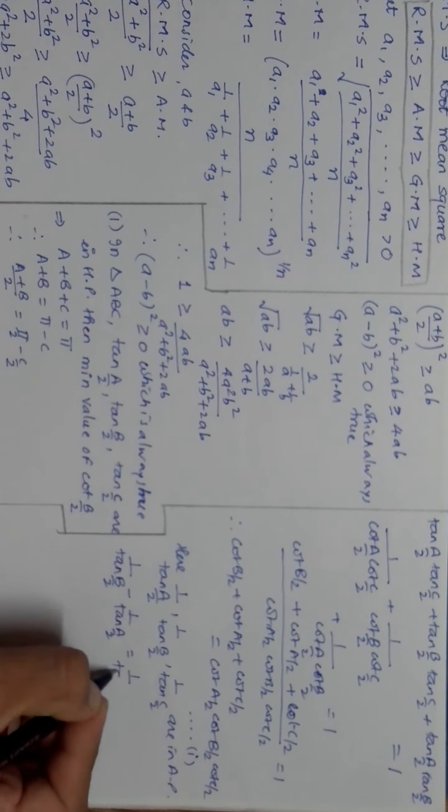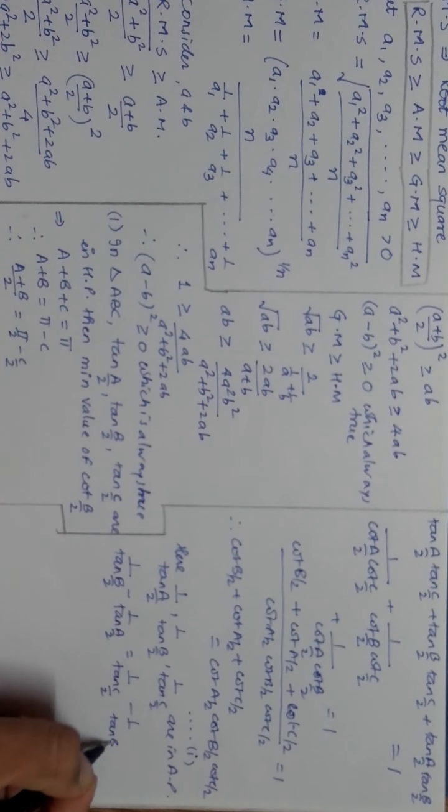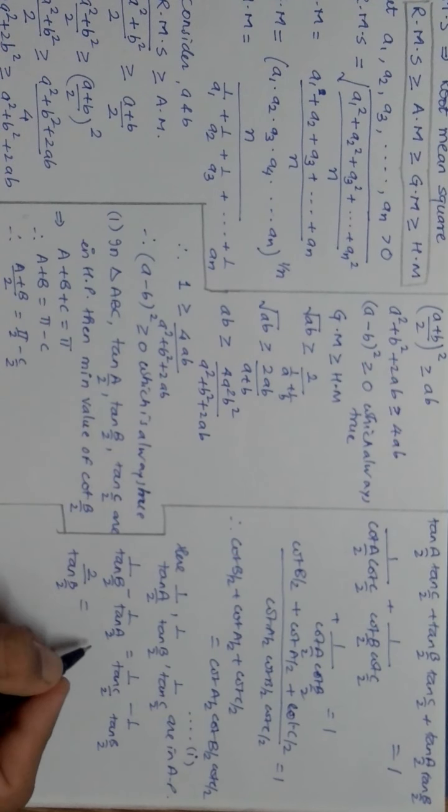is equal to 1 upon tan C by 2 minus 1 upon tan B by 2, which will become 2 upon tan B by 2 is equal to 1 upon tan A by 2 plus 1 upon tan C by 2. Right?